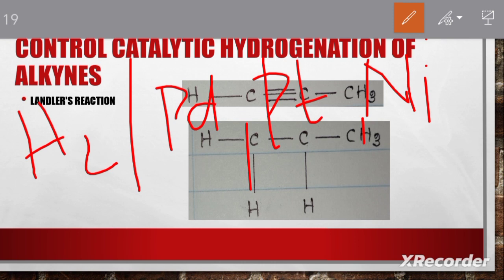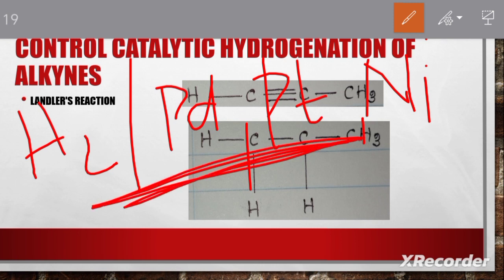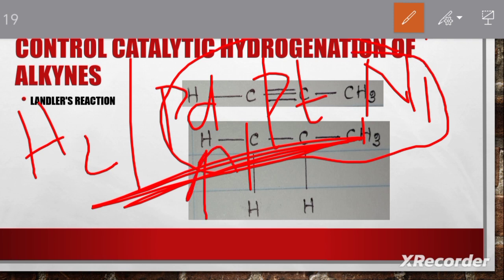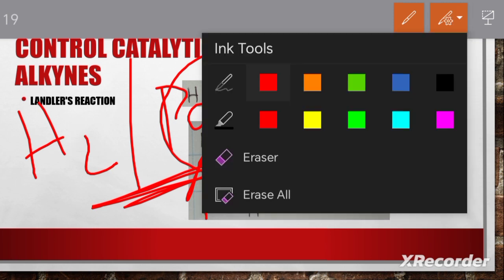But our purpose is to produce alkene. So, we have to inhibit this reaction. These are some catalysts, right? So, we have to reduce this catalytic activity by adding an inhibitor so we can stop the hydrogenation of alkyne halfway, right?